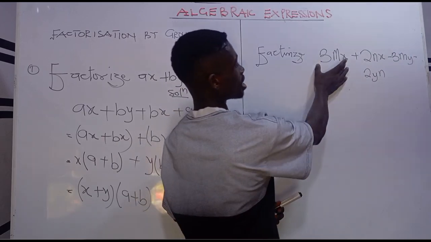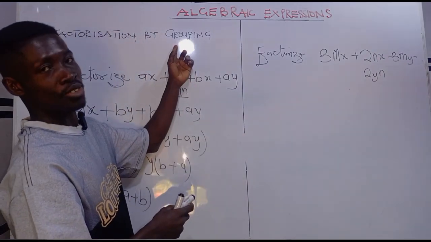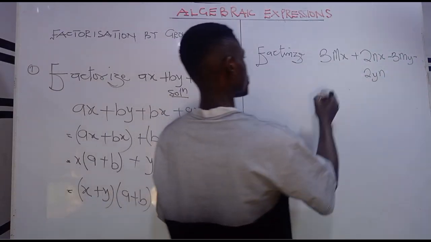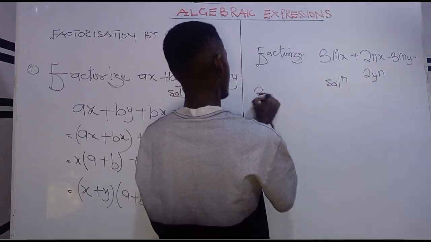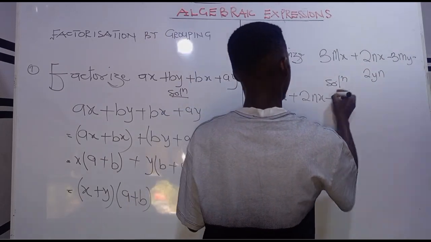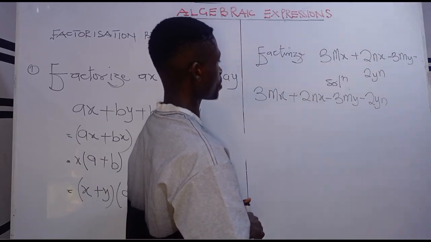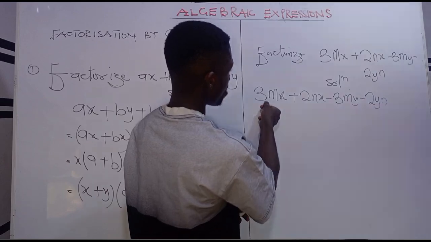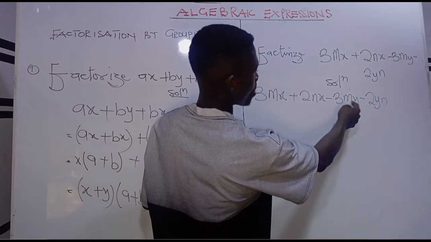So we have an algebraic expression with 4 terms. So you can factorize it by grouping. What we are going to do is group the terms with a common variable. So we have mx, nx, my.